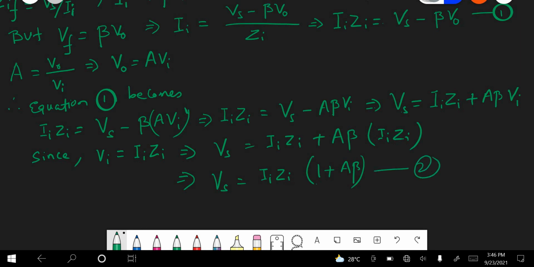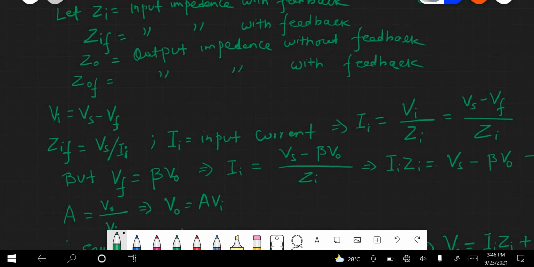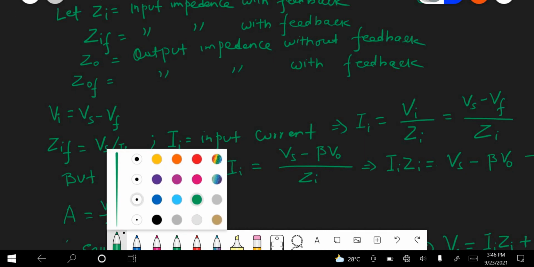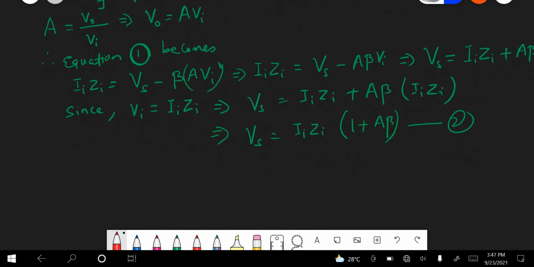Now we already know the relation Zif is equal to Vs by Ii. We'll use this relation.